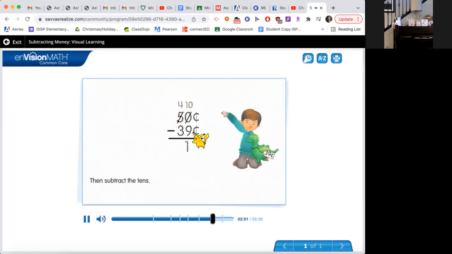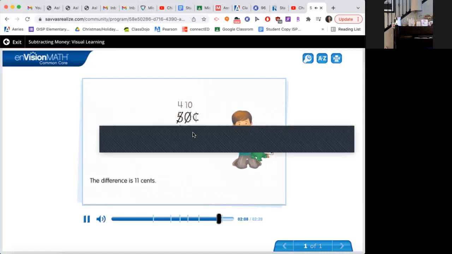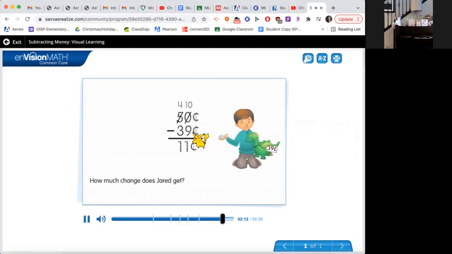Then subtract the tens. Write the cent symbol. The difference is 11 cents. How much change does Jared get? He gets 11 cents in change. You can see how to subtract using money.